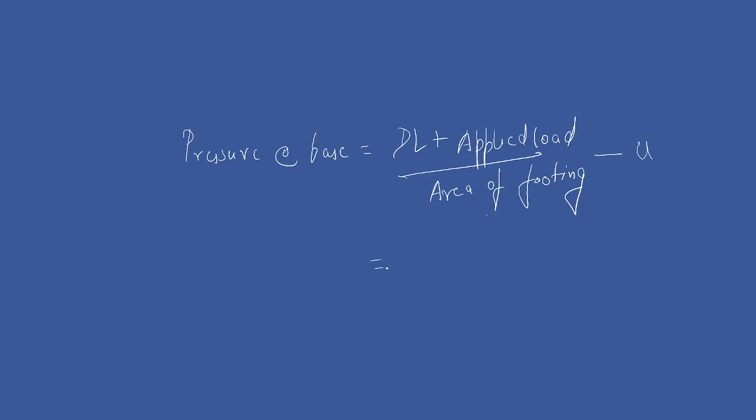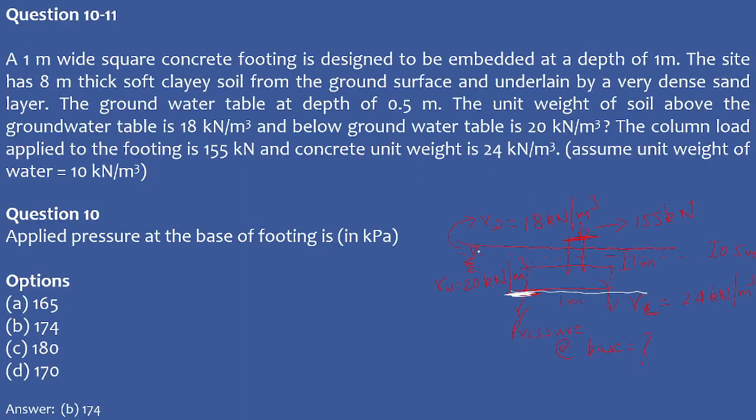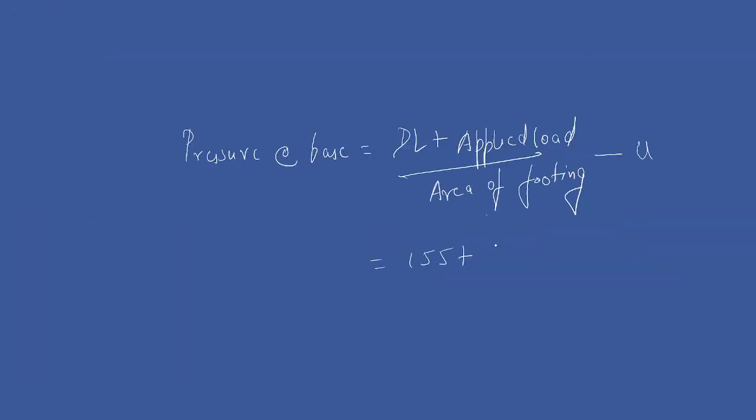And then the applied load was 155, the dead load was 24 kilonewton per meter cube, we'll multiply it by 1, and the area of the footing is 1, minus the applied buoyancy.